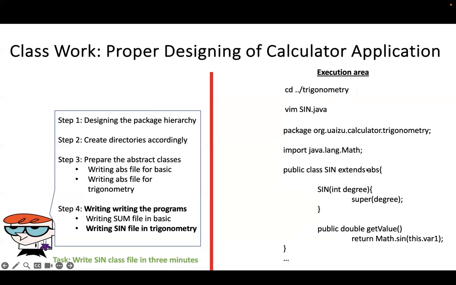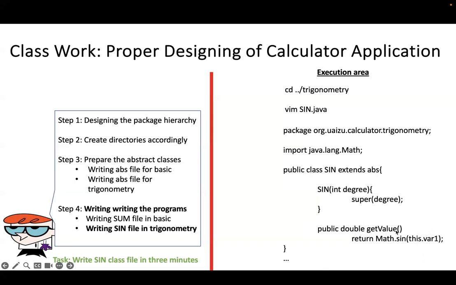Here I am going to create the file public class sine extends abstract class, taking the parameter and passing it. And finally, I have the getValue, which will return Math.sin of this.var. So this will complete the execution.